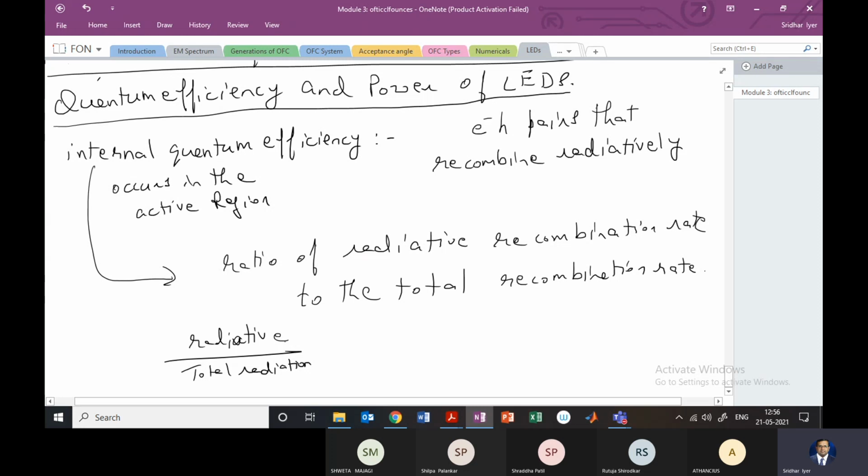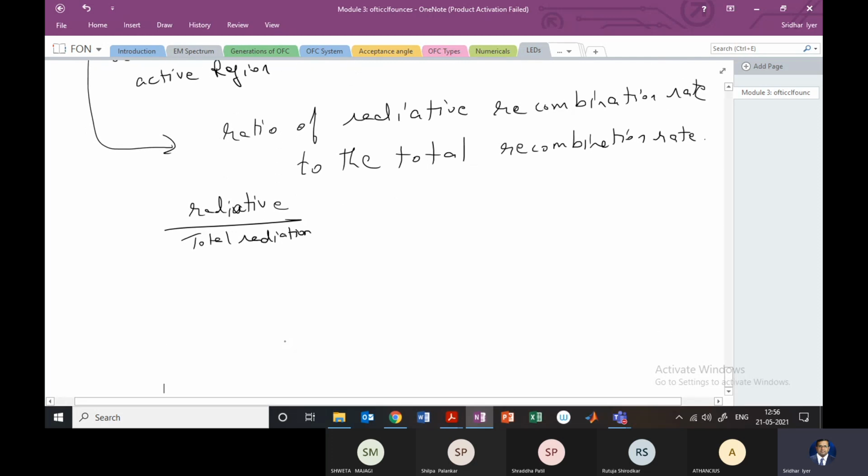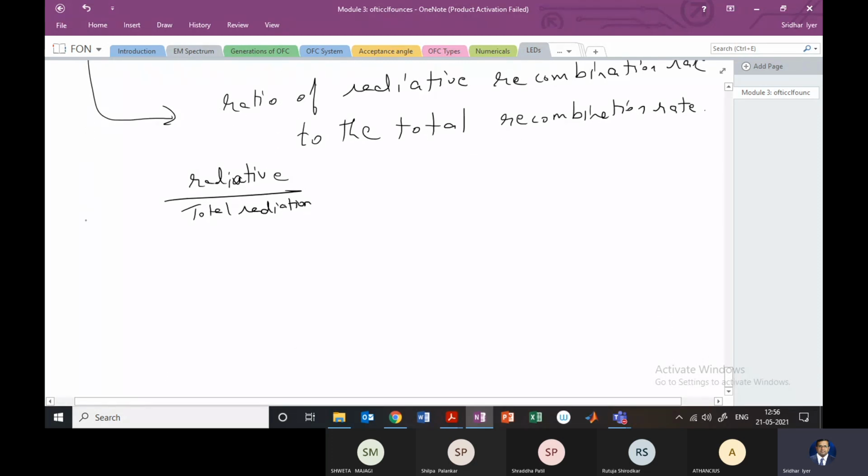So we want to see what this internal quantum efficiency will look like in terms of mathematics. Okay, so before that, let us build up to this mathematics so we can get the equation, right? So due to carrier injection, I'll write this point wise so it is easier for you to recollect.